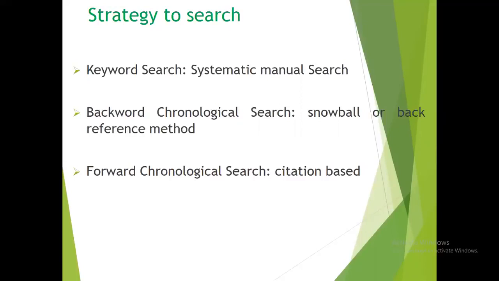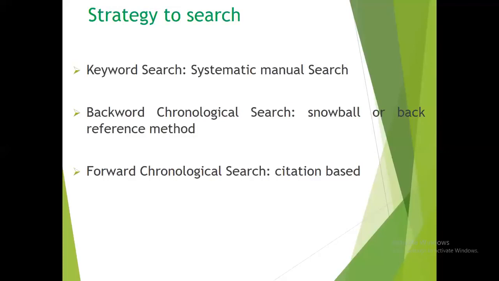But besides this, backward chronological search and forward chronological search, these two are really very vital. Why is this very vital? Because, what is backward chronological search? Backward chronological search is when you find one suitable article, and you then look at that article's references.